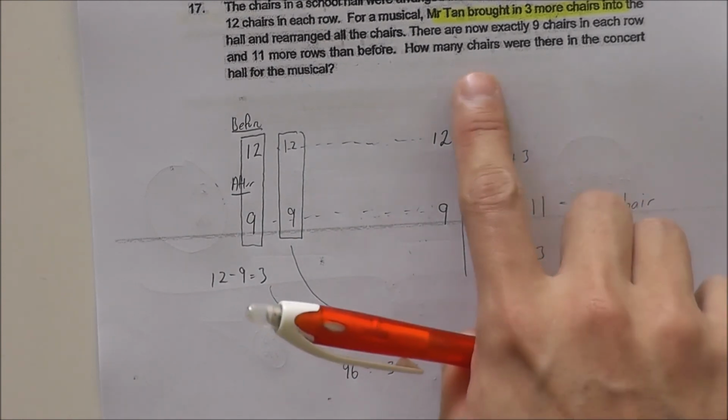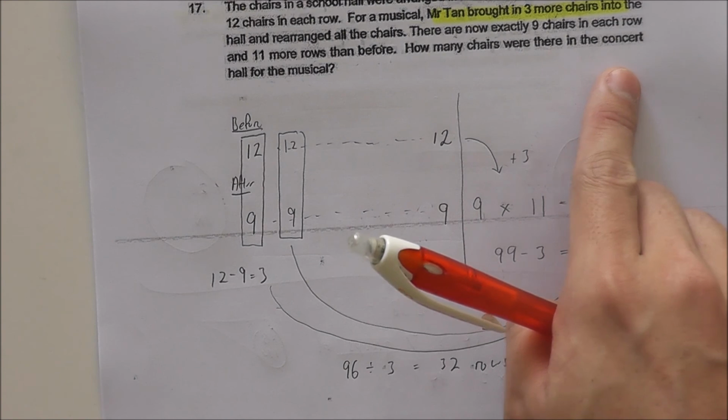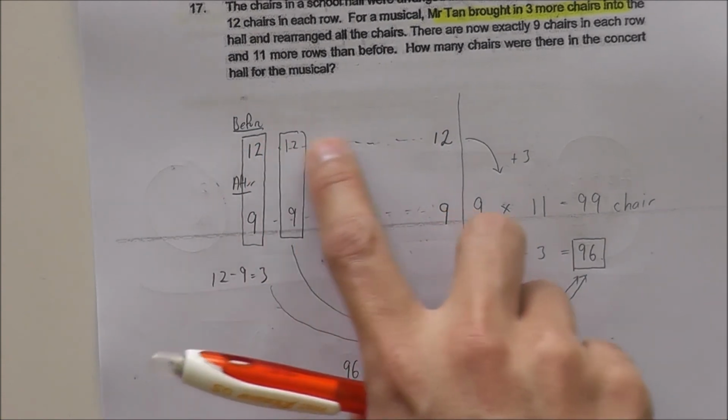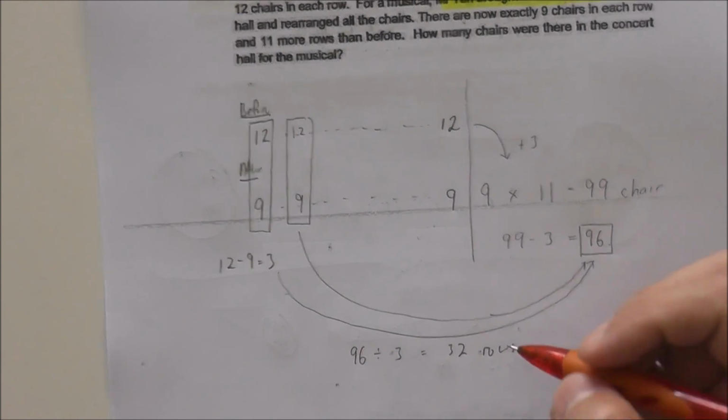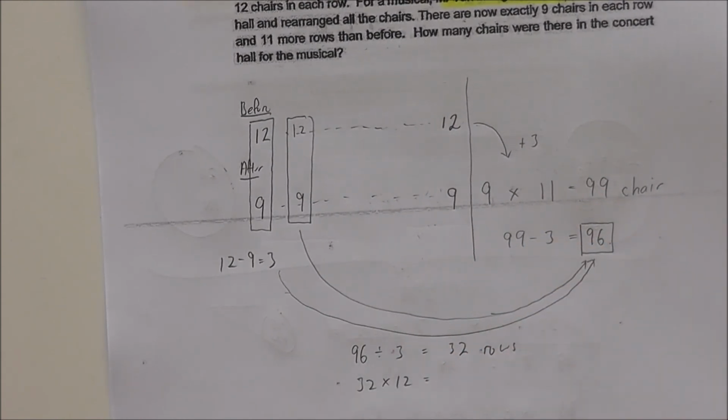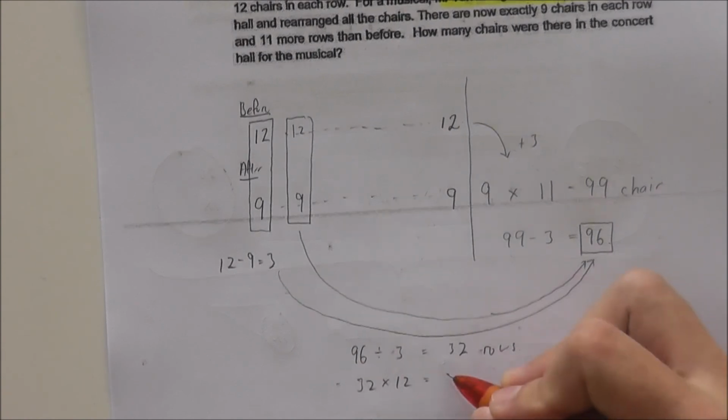Okay, so how many chairs were there in the concert hall for the musical? Guys, for the musical, we know that there are altogether 32 rows of 12. Correct? So we can do 32 times 12. That will be 384.